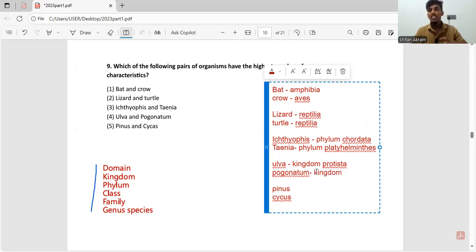So they have the least common characteristics, because as we move up, the common characteristics decrease. Kingdom Plantae and Kingdom Protista are two different things, so the common characteristics decrease. Then we have Pinus and Cycas. Pinus and Cycas belong to Kingdom Plantae, but Pinus belongs to phylum Coniferophyta, and Cycas belongs to phylum Cycadophyta.